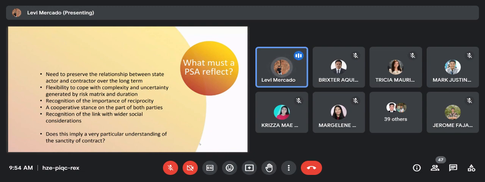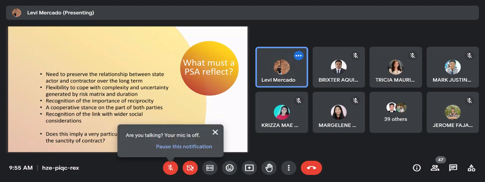So ano dapat makikita natin under PSA? So, yung need to preserve the relationship between state actor and contractor over the long term. So, dito sa PSA, more on monetary related siya. May ibang contract pa tayo na tinatawag na relation contract, wherein yung relationship contract wherein hindi siya monetary based, ano, kumbaga doon integrity lang between the two parties.